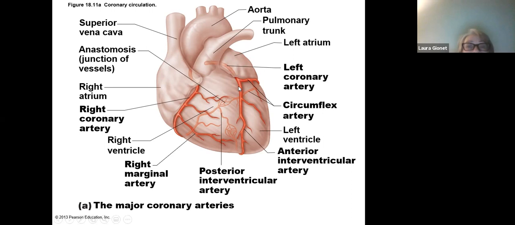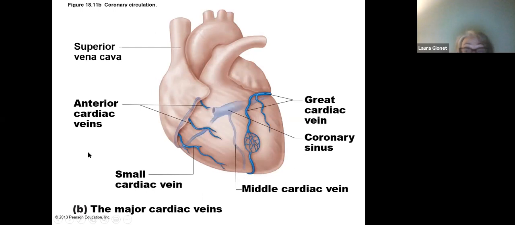arteries. They're the oxygenated supply to the myocardium itself, and then the arteries branch off into arterioles and the capillary bed, and then return the deoxygenated blood via venules to veins into the coronary sinus.